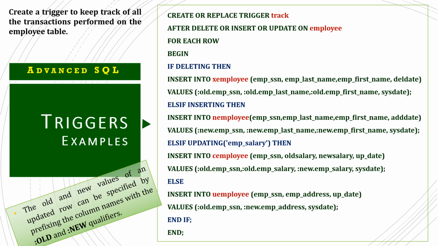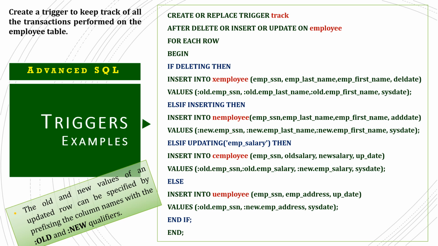If deleting, we are referring to the old values, so using :old we refer to the old values. If inserting, we are referring to the new values, so :new is used for referring to the new values. If updating, we are referring to the old values.